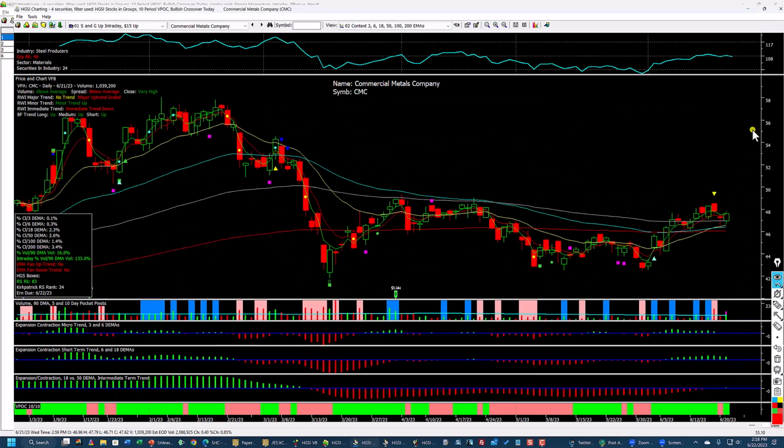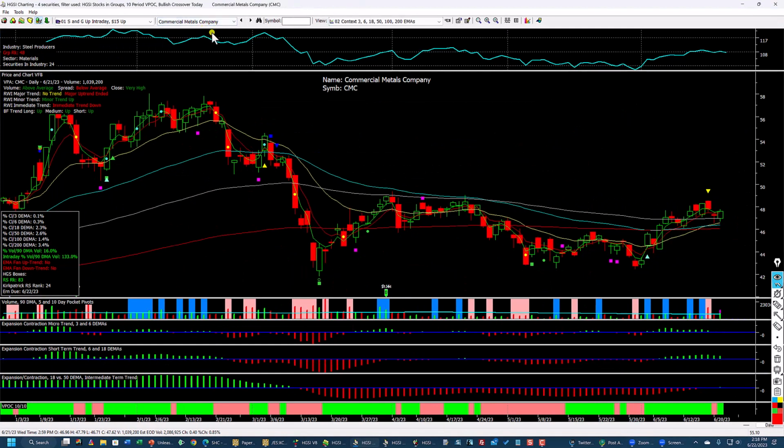So here's commercial metals, and the VPOC crossed over. I'm going to put these on a timer here.